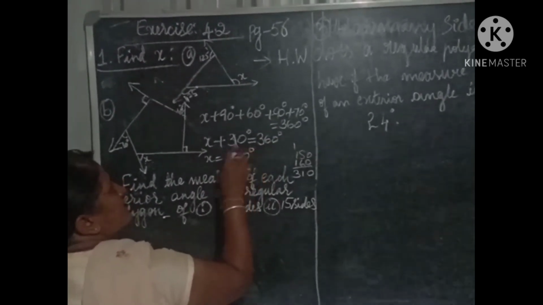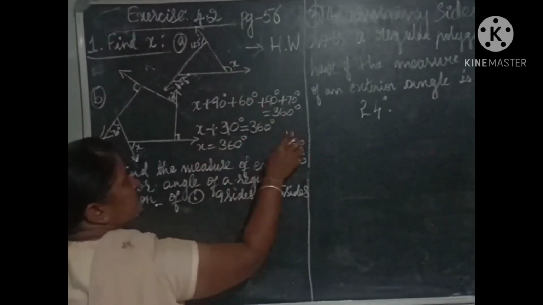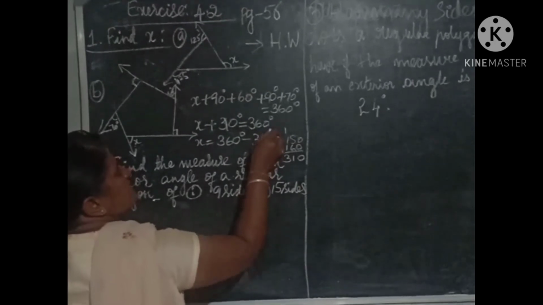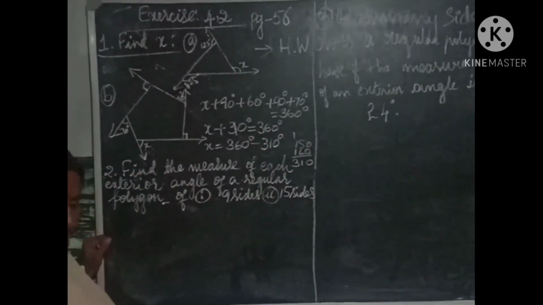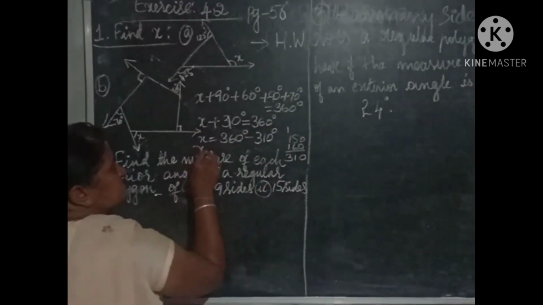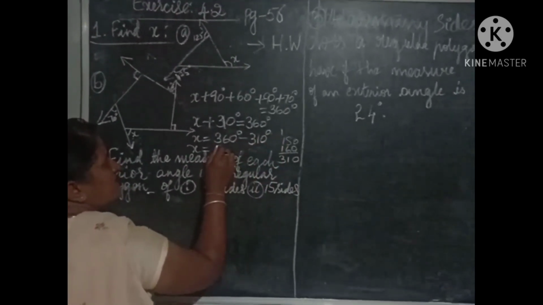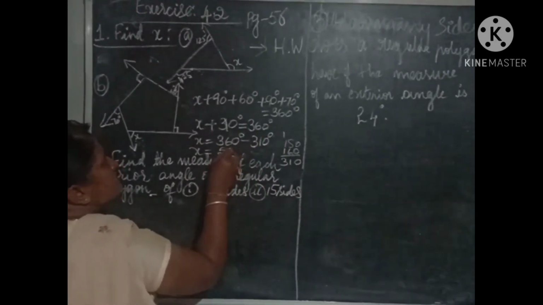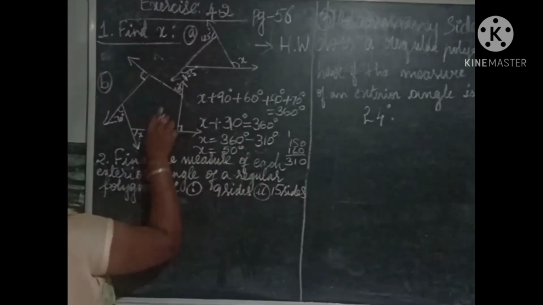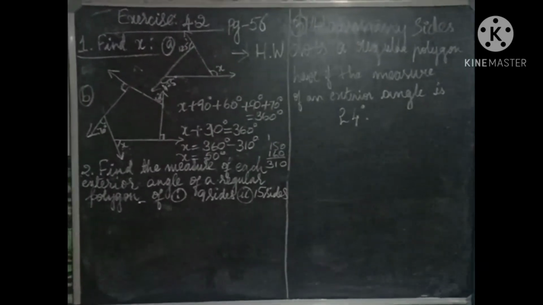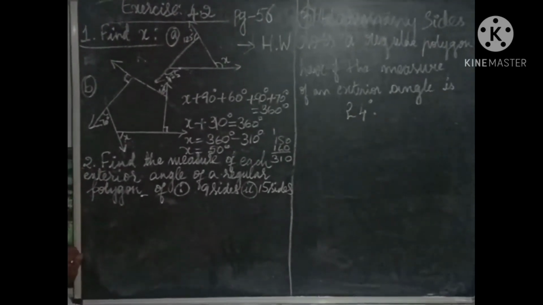What happens to this 310? Plus 310 can be taken outside, that is minus 310 degrees. So x is 360 minus 310, which is nothing but 50 degrees. So x is equal to 50 degrees.